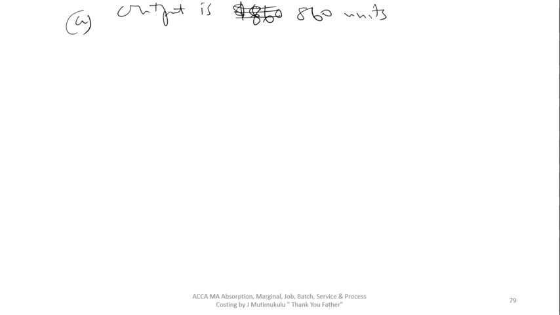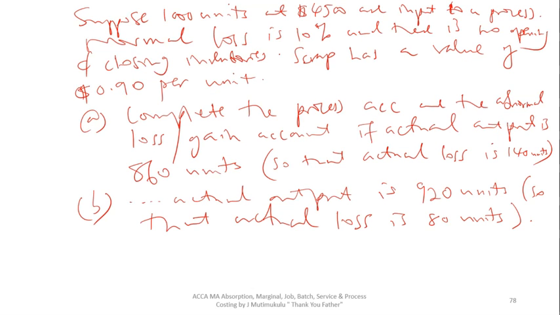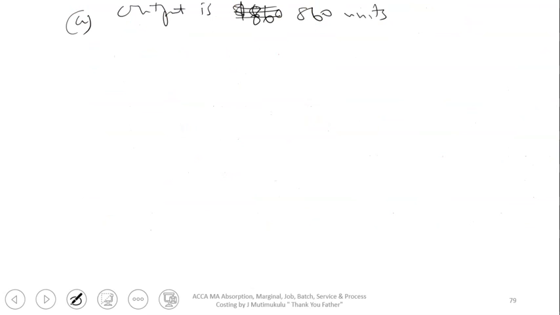But the normal loss is based on the percentage of 10%. So 10% of 1000 units is 100 units, which is the normal loss.